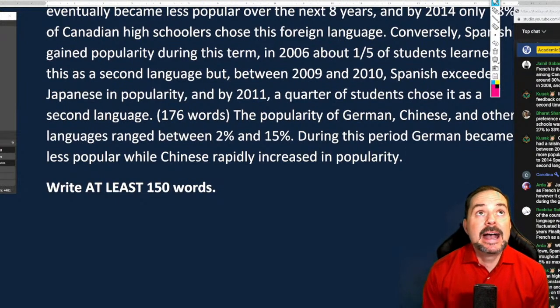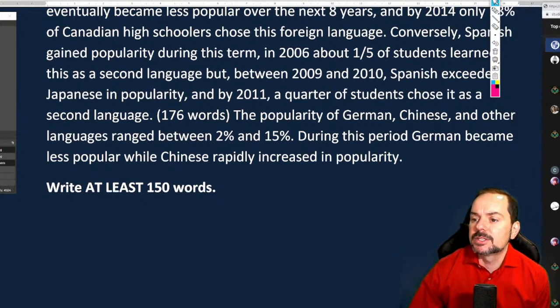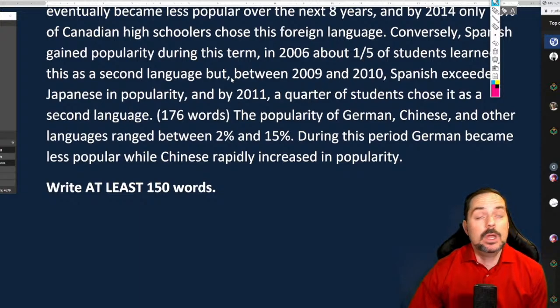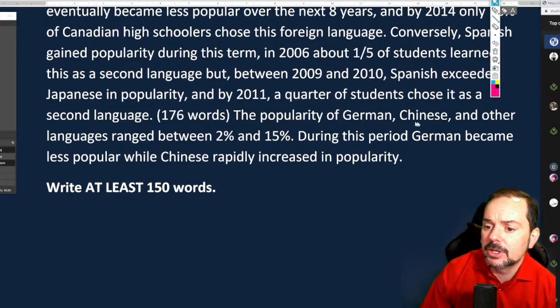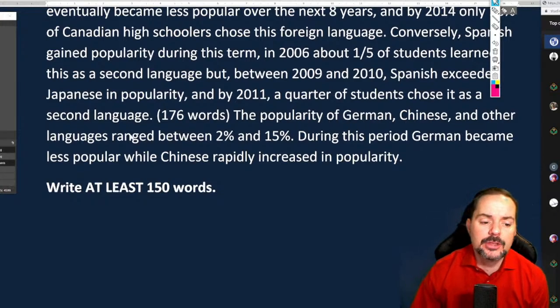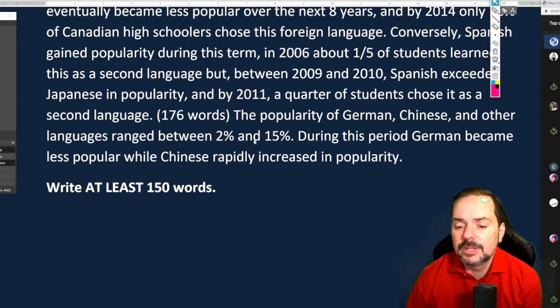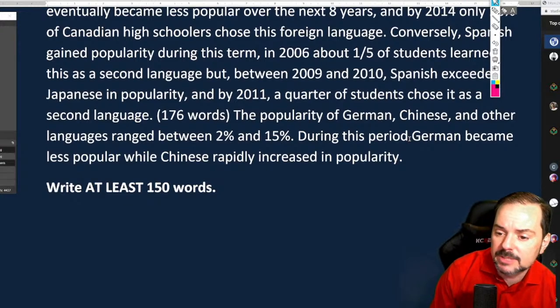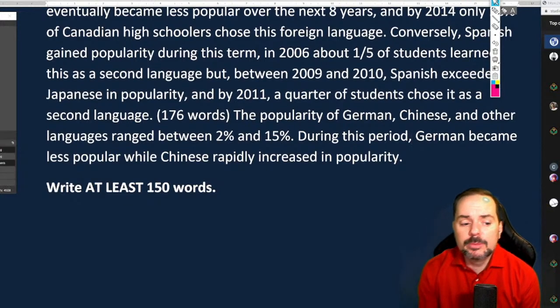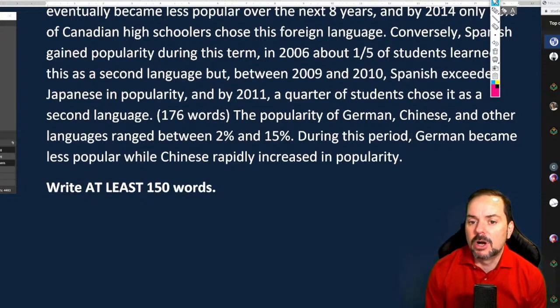All right, so I'm happy to just do this, okay? So I'm happy to just write this for the German, Chinese, and other languages. The popularity of German, Chinese, and other languages ranged between 2 and 15%. During this period, again, I'm leading with the time expression, so I need a comma there. German became less popular while Chinese rapidly increased in popularity.